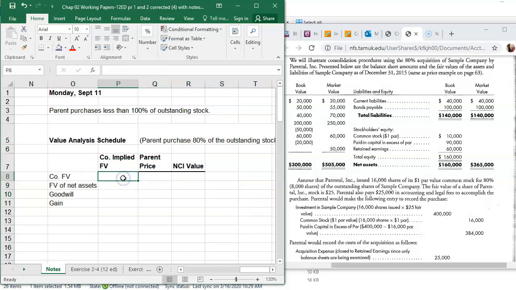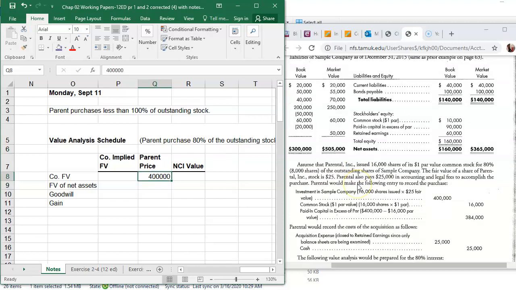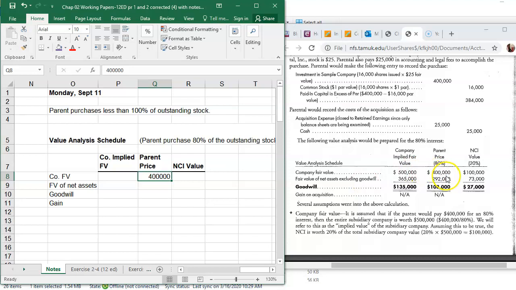So when we do the value analysis, we have less than 100% ownership. You start off with the original investment here, which was $400,000. That's what they invested. Now, the NCI still has a part of that.